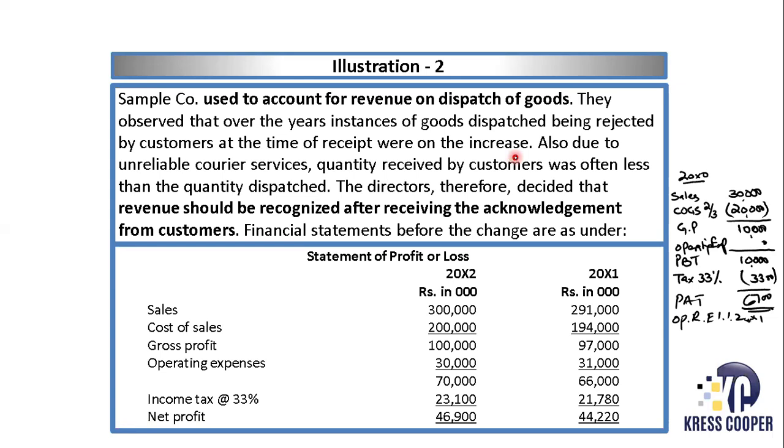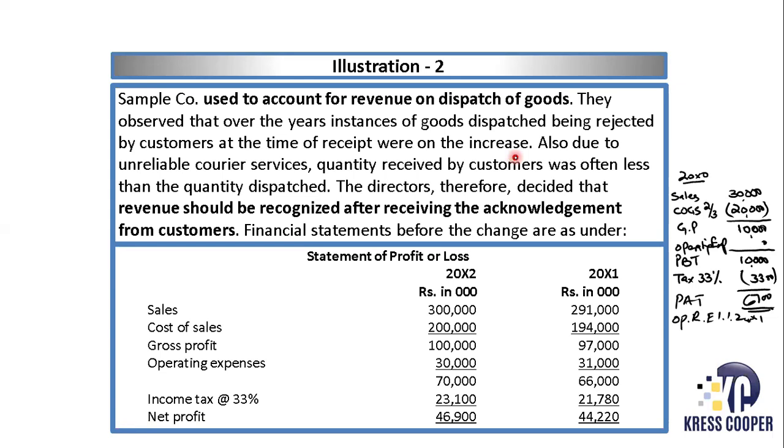But over the years, what happened is that customers keep on complaining that the goods that you have dispatched are not in good quantity or good quality, or there is a scratch. Some sort of complaints were increasing.